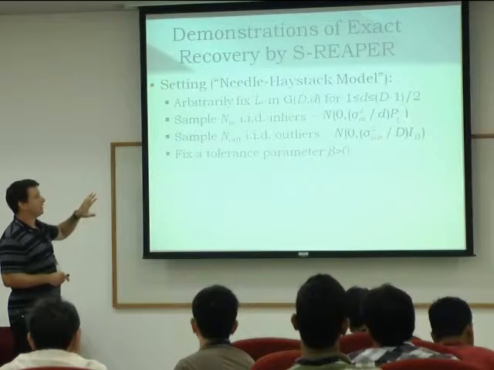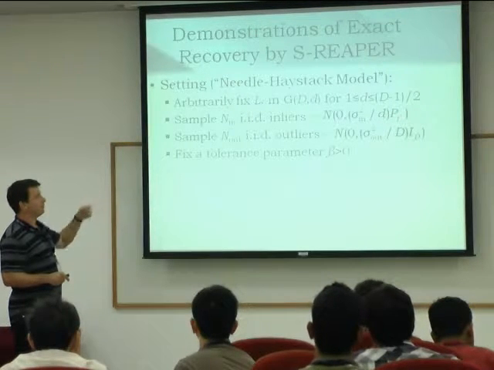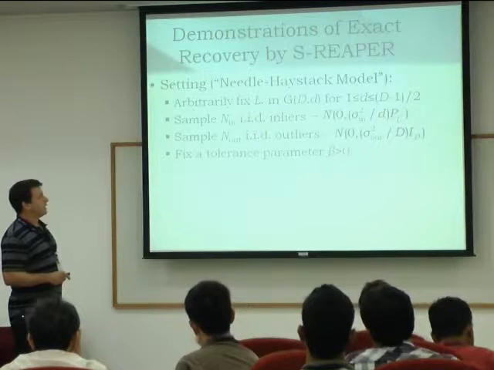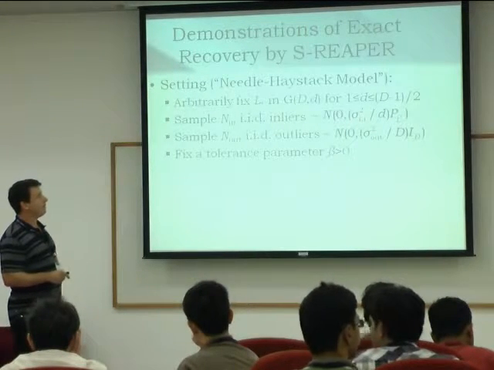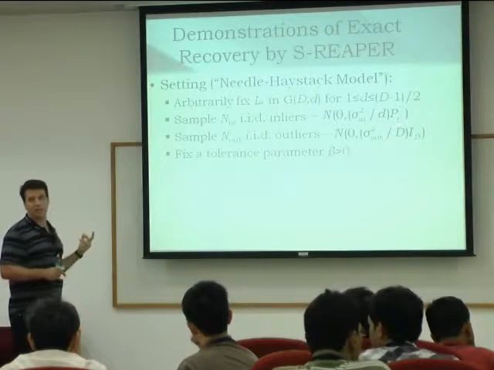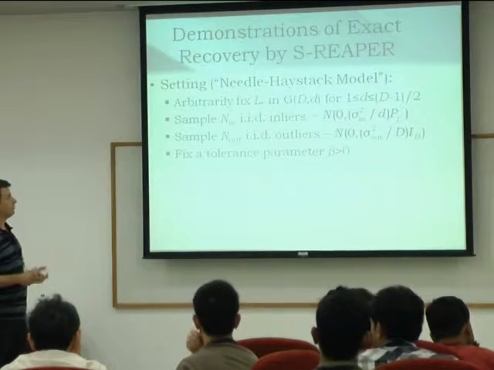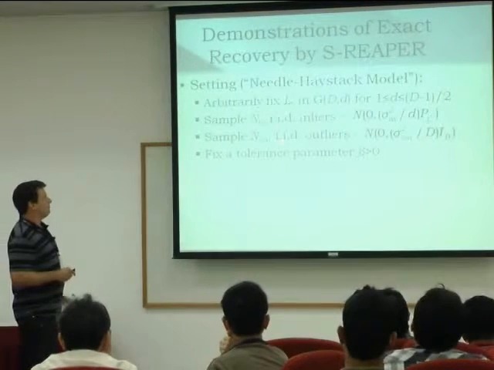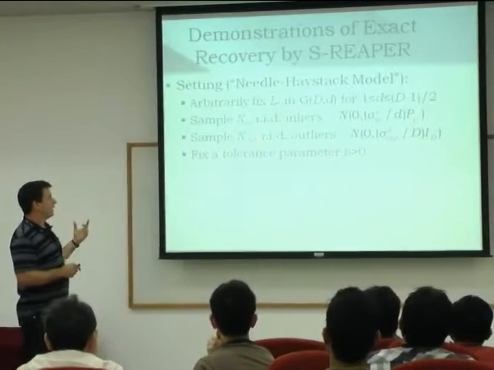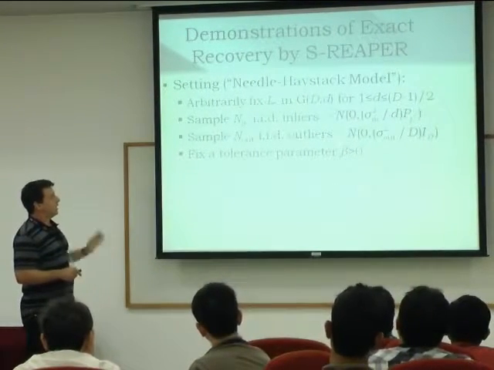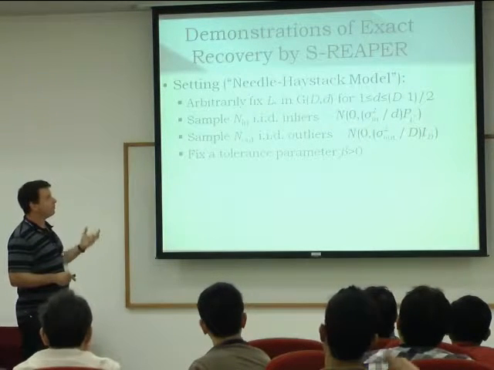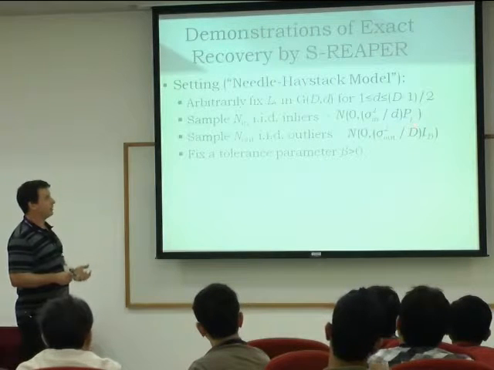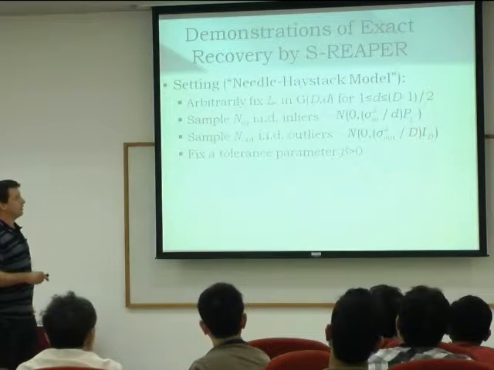We have an underlying subspace L star of dimension little d, and in each direction we have some variance scaled by 1 over little d. And it should be clear from Ravi's talk why we do this scaling. Then we have outliers from the whole space. Again, it's a Gaussian distribution, and now it's scaled by capital D, the ambient dimension, in all the space.